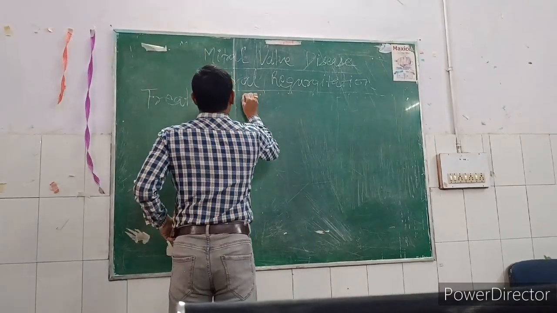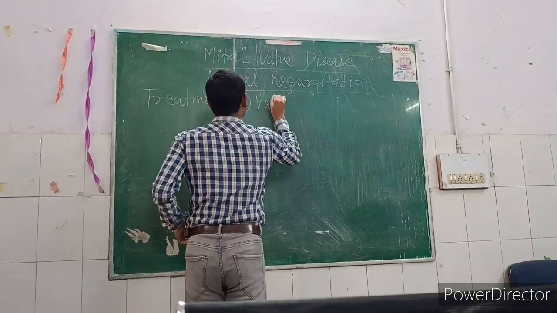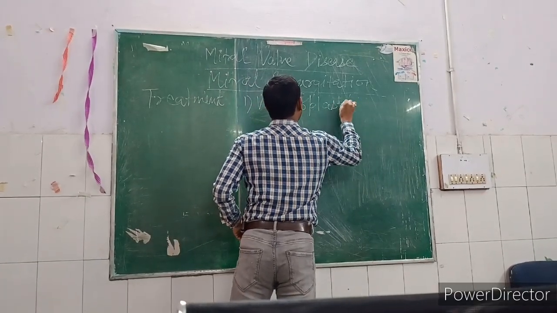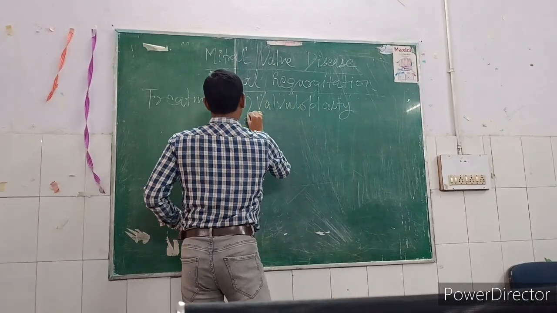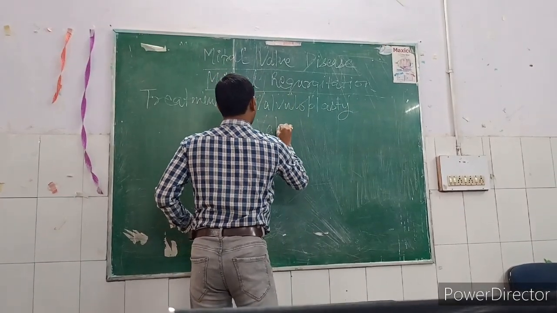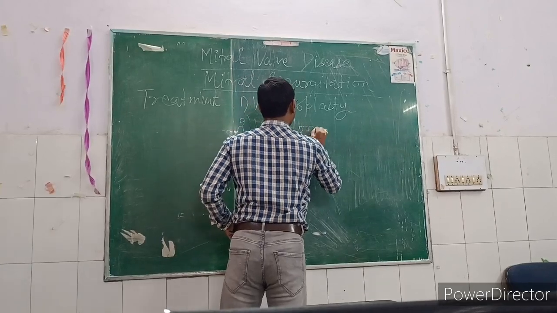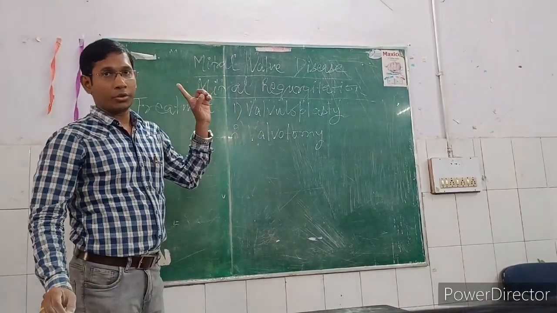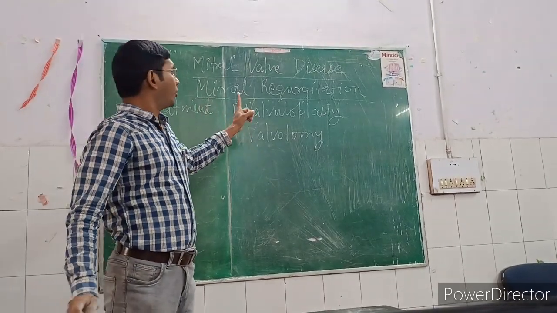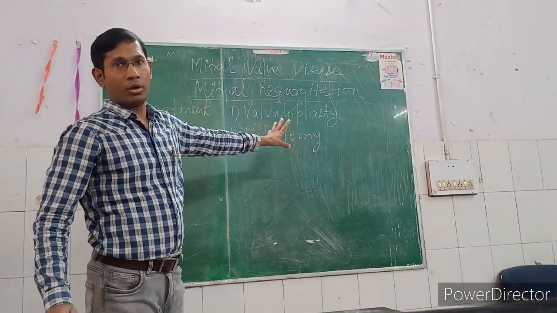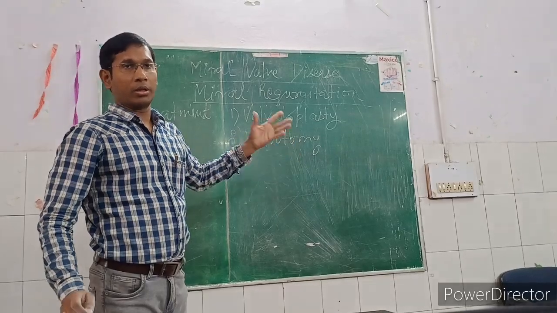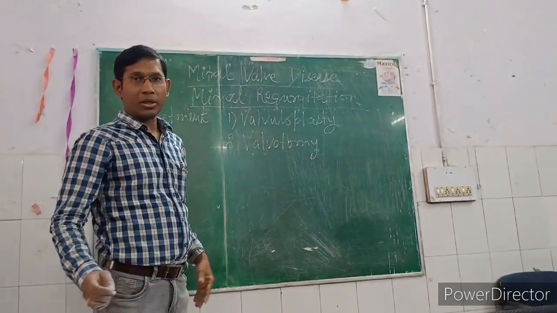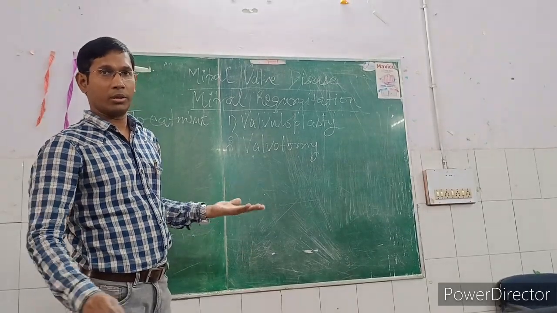That is valvuloplasty and valvotomy. In case of mitral regurgitation also, the treatment of choice is valvuloplasty, and the criteria is same. And for valvotomy, the criteria is still the same.